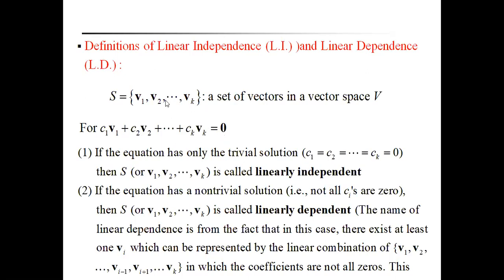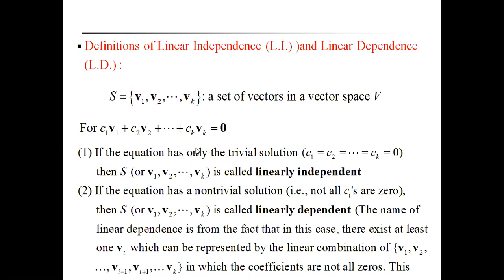Therefore, if this equation has only the trivial solution, that means all constants are 0, that is C1 equal to 0, C2 equal to 0, Ck equal to 0, then the set S containing the vectors V1, V2, Vk is called linearly independent.